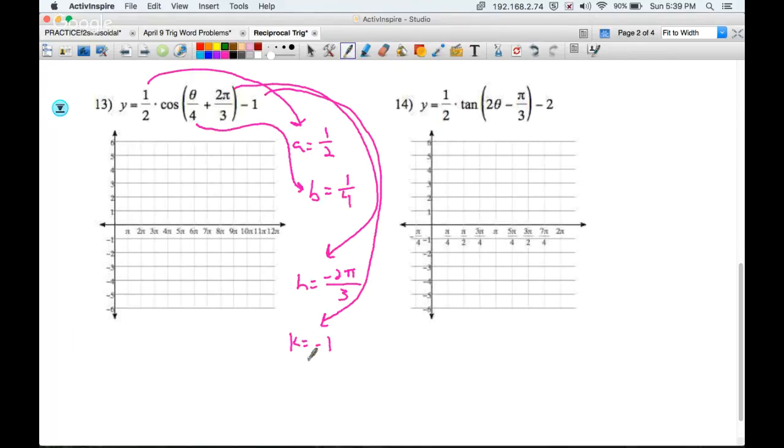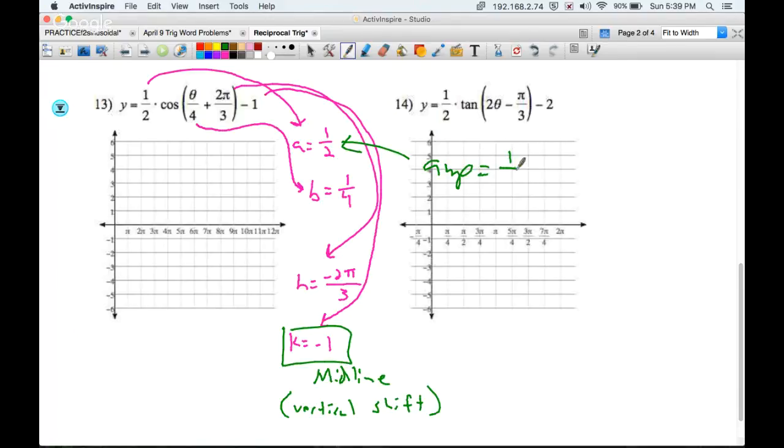So what's nifty about the k value is that this is my midline, and it's also the vertical shift. Amplitude is just equal to 1/2.